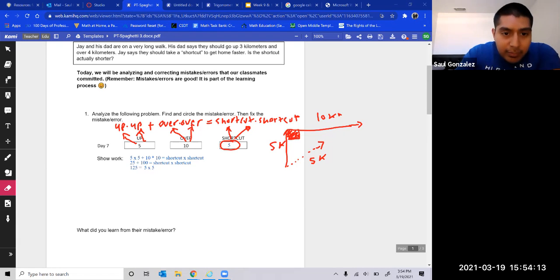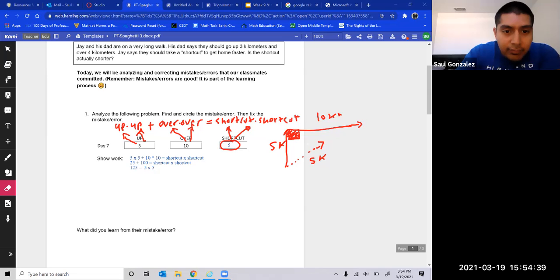Next up, it looks like they multiplied 5 multiplied by 5, they got 25 plus, okay. Then they multiplied 10 times 10 to get 100. Okay, that makes sense. Equals the shortcut multiplied by the shortcut. Now let's look here, 25 plus 100, it looks like they added and they got 125. Okay, that looks good.